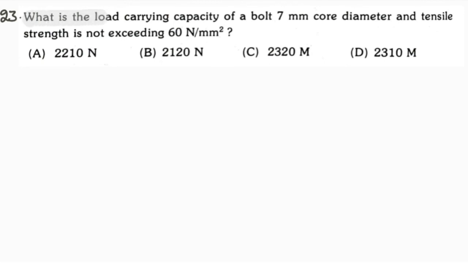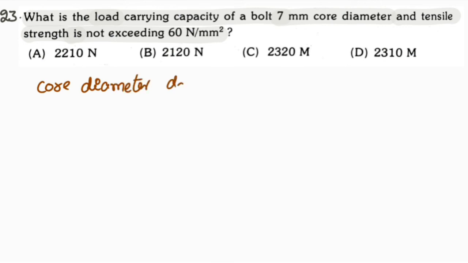What is the load carrying capacity of a bolt with 7 mm core diameter and tensile strength not to exceed 60 Newton per mm square. Problem is given like this. Core diameter may be denoted by DC equal to 7 mm.